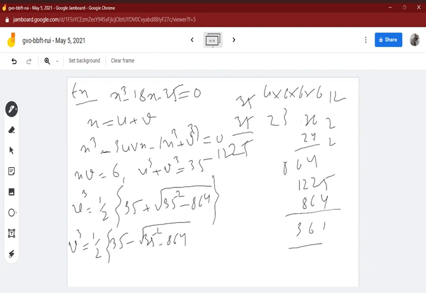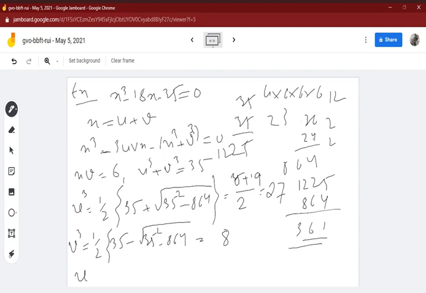So it is 35 plus 19 by 2. Square root of 361 is 19. So 35 plus 19 is 54, 54 by 2 is 27, and in this case 35 minus 19 is 16, so it is 8.